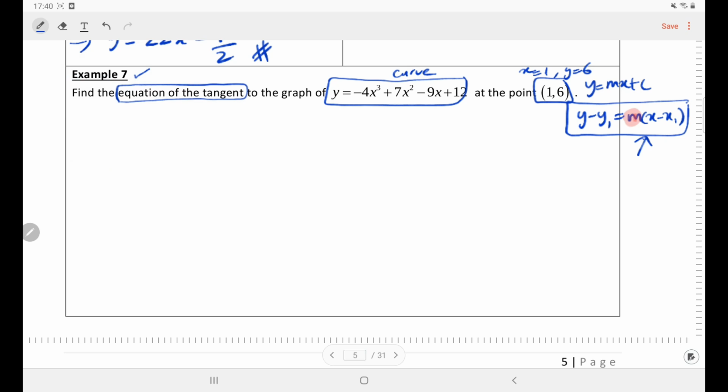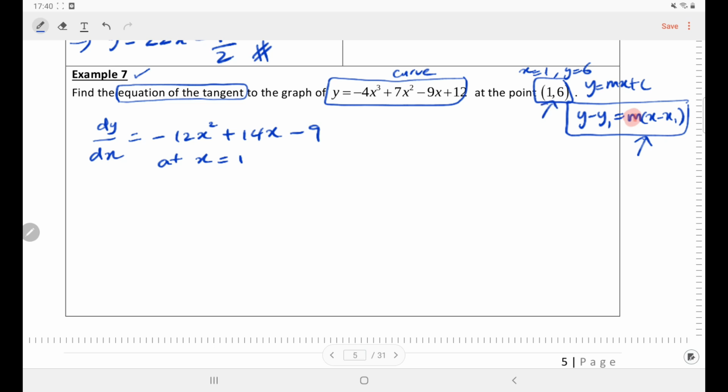Alright, so M is the dy over dx, right? So kita akan dy over dx. Kita akan dapat negative 12x square plus 14x minus 9. Okay, so this is our dy over dx. And kita akan subs at x equal to 1.